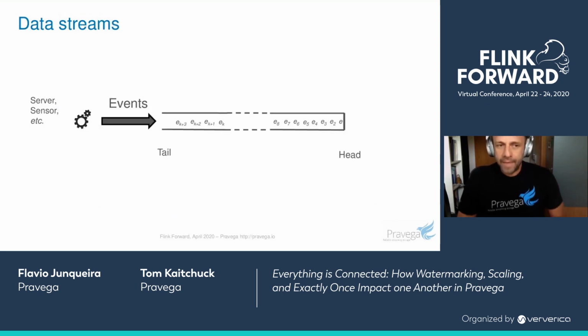Now, stepping back and thinking about properties of these data streams, one natural way of thinking about these data streams is as one single sequence of events. As new events, messages, records are being produced, I'm just appending them to what I'm calling a stream.